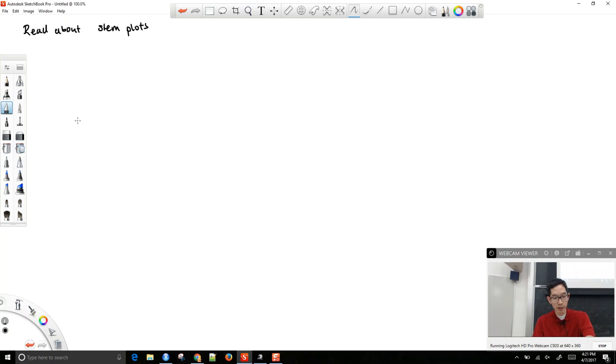Let's talk about something else. Sometimes we want to describe our data set by describing the distribution. This is just a separate thing. Read about stem plots.